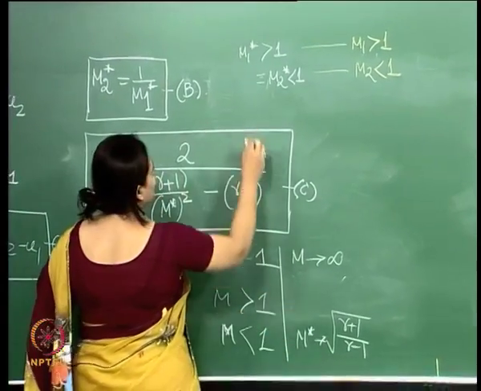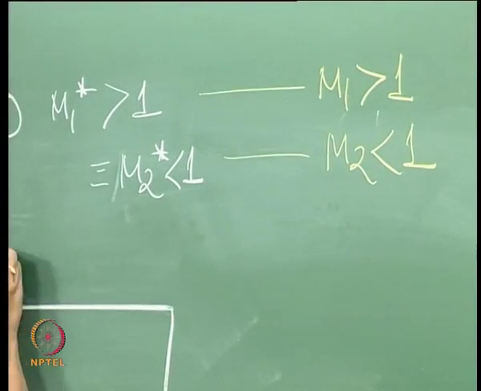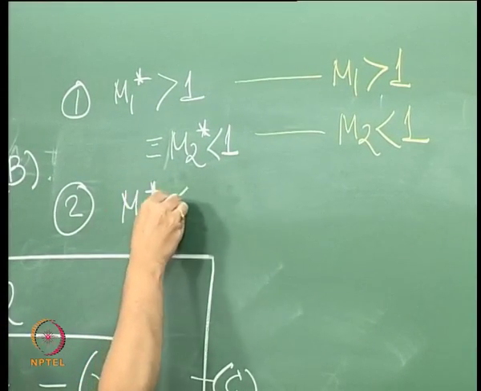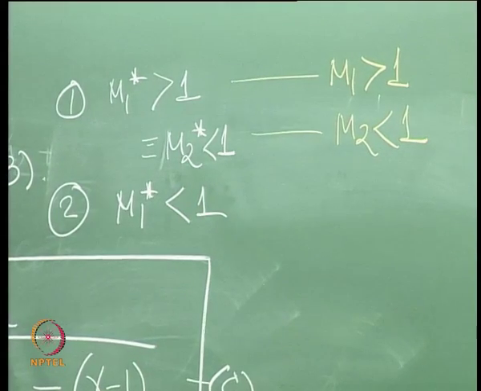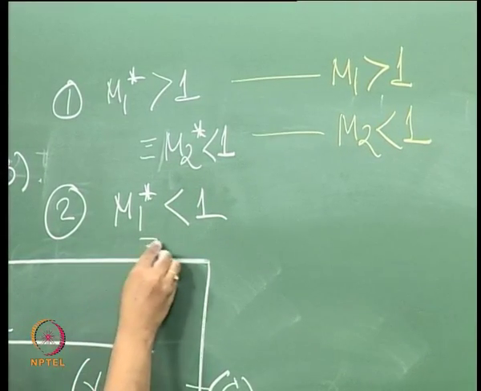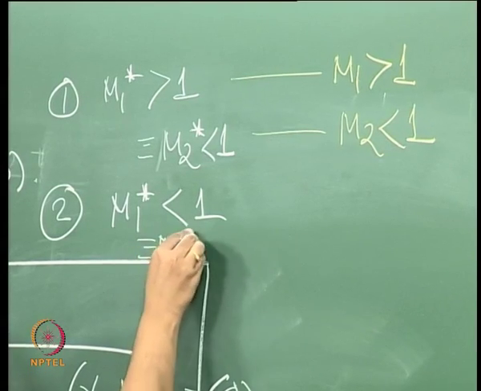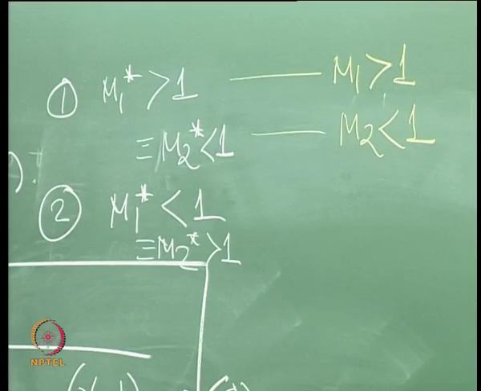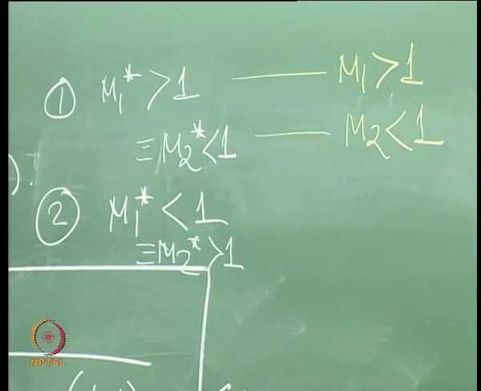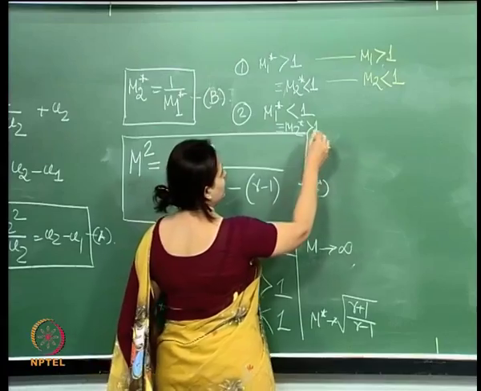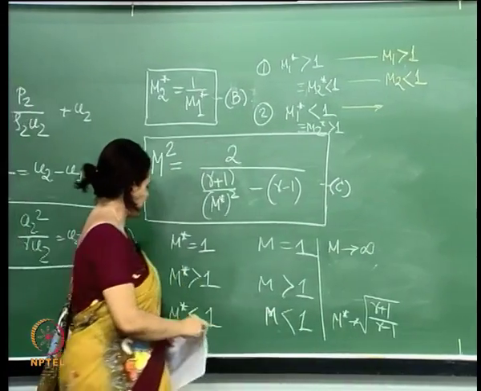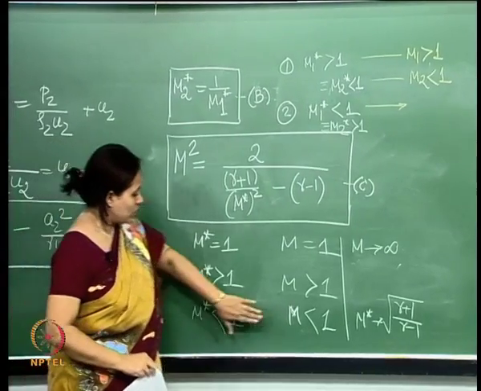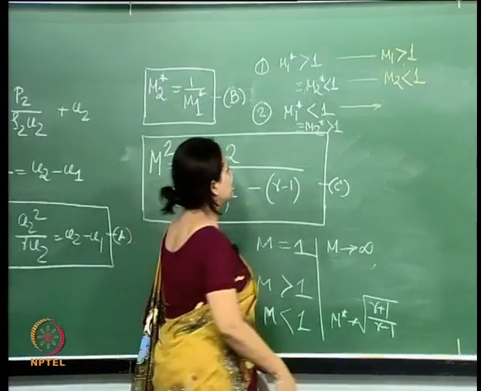Another possibility, so this is case 1. Now, case 2 is that m1 star is less than 1. m1 star is subsonic, which means that m2 star is supersonic, isn't it? Now, m1 star is subsonic, which means the characteristic Mach number is subsonic, so the corresponding actual Mach number is also subsonic.